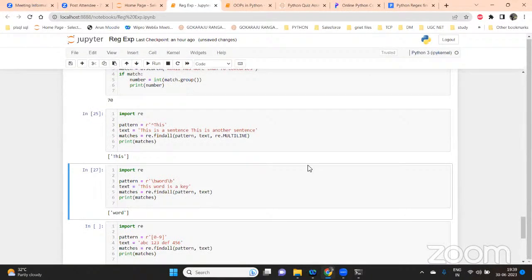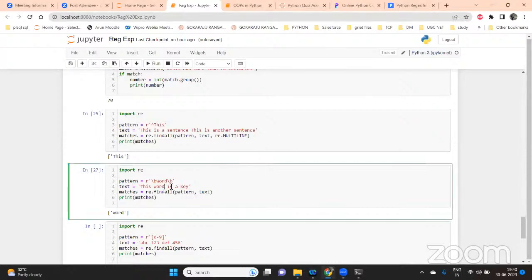What do you mean by starting and ending? Only the beginning and end of the word we consider. It is for only words, correct.